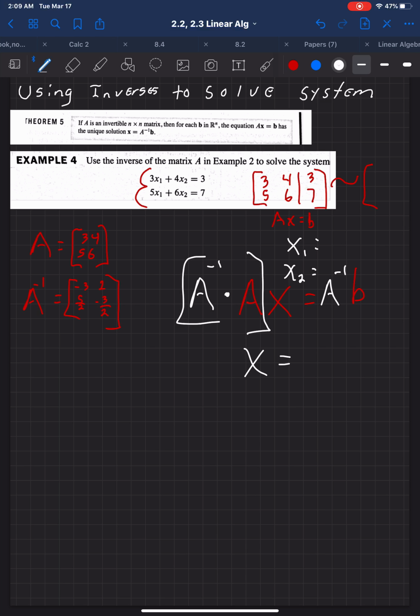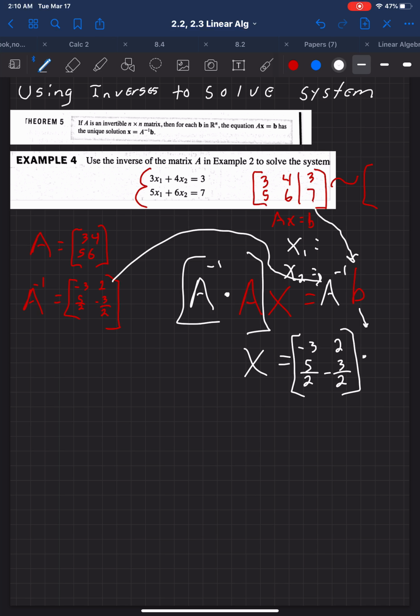And now what I'm going to do is I'm just going to kind of drag and drop the inverse of A in here. So -3, 2, 5 halves, -3 halves. Okay, and then I'm also going to drop in my 3, 7 for B. All right, so structurally, can we multiply this?